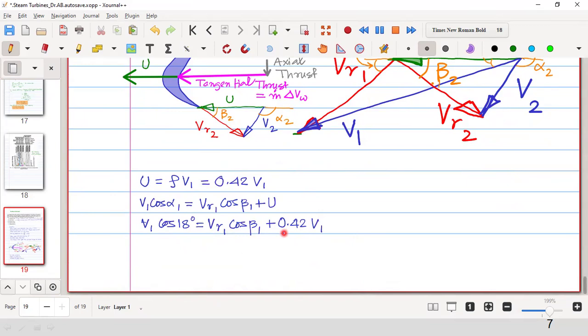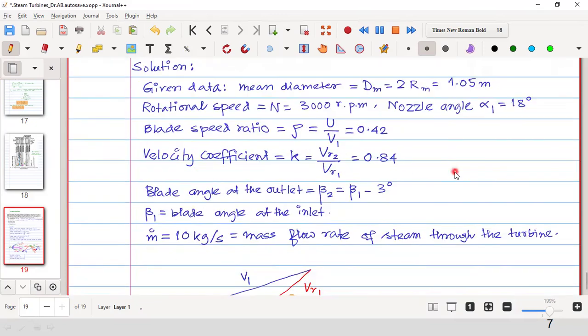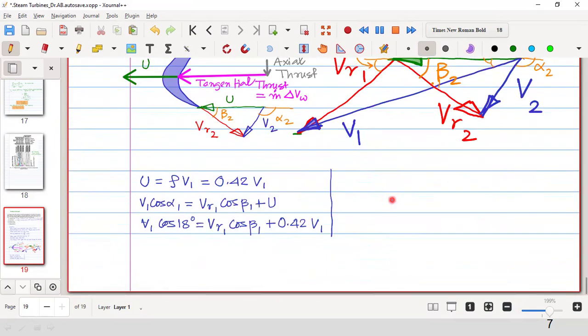Again, you see that we have written here what is U. Basically, U is the blade velocity, which is R omega, that is R mean into omega.